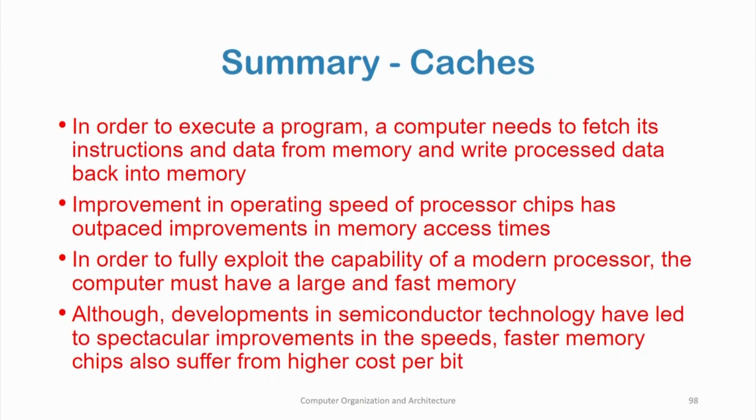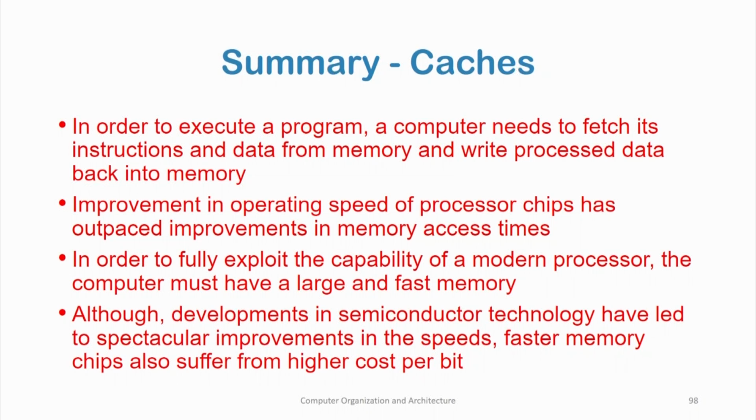Because each instruction needs memory, if some mechanism is not adopted and we have a slow memory, the execution of instructions will be only as fast as the speed at which memory can be accessed.